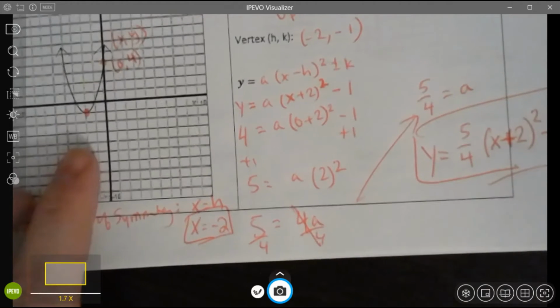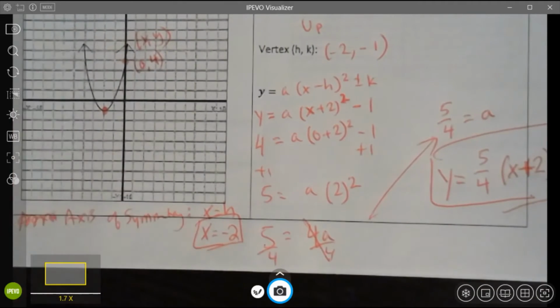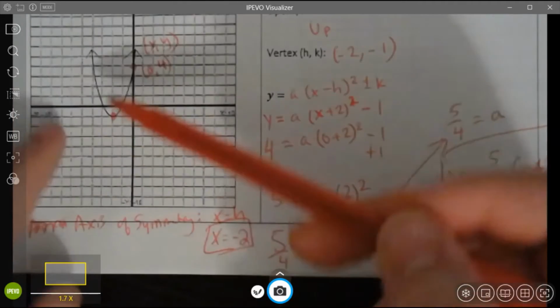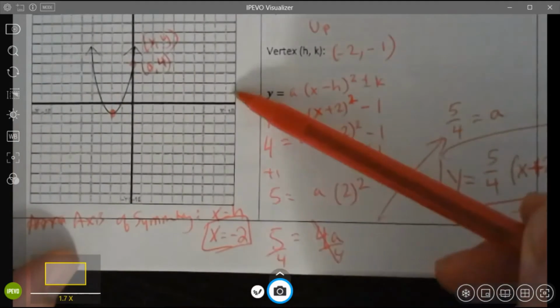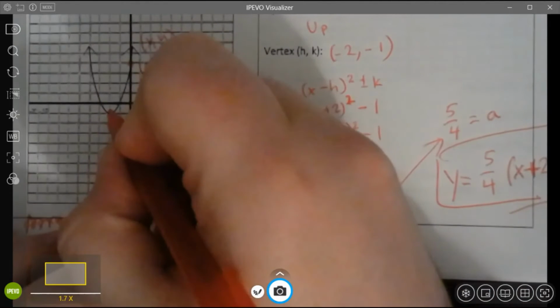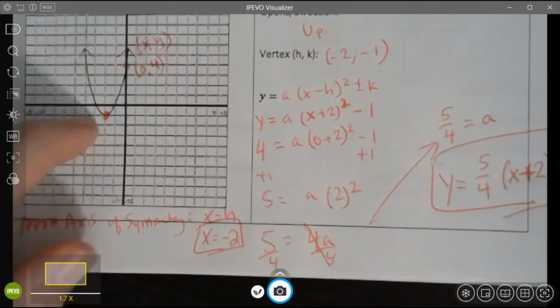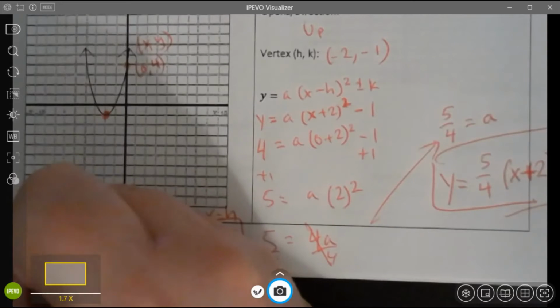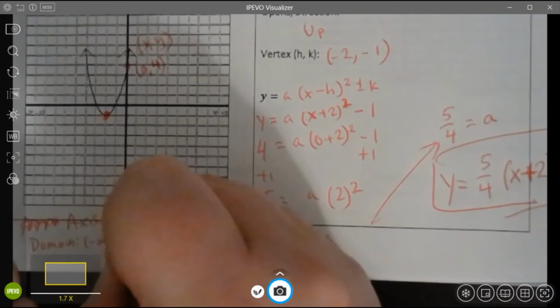And let's also do, we can also talk about domain and range. The domain of this would be all real numbers, because we can go forever to the left on this graph, and we can go forever to the right on the graph. So we're going to use the whole x-axis. And the range, we start down here at -1 and we go all the way up to infinity. So the domain is -infinity to infinity.